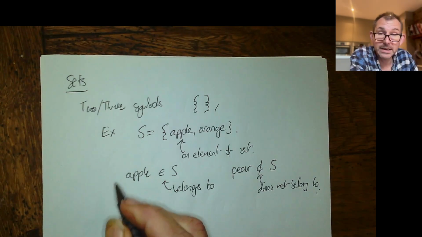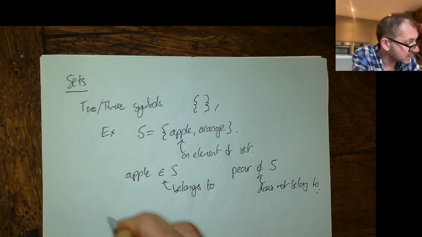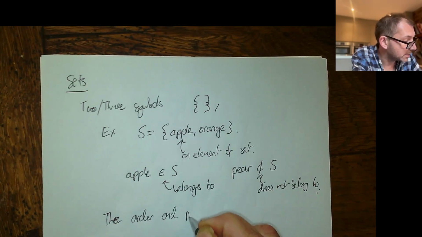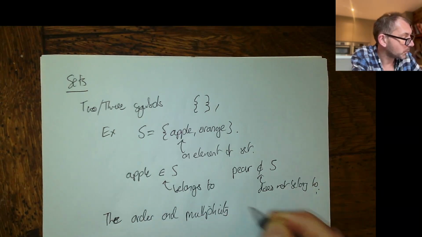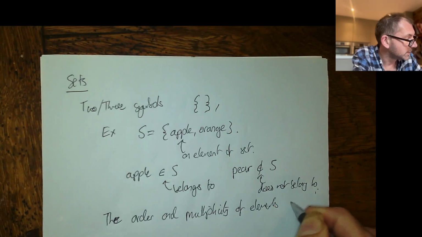The order doesn't matter, and the number of times we write something down doesn't matter. So the order and multiplicity of elements does not matter.